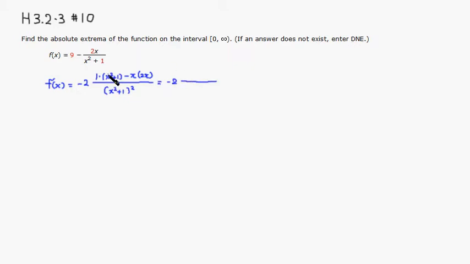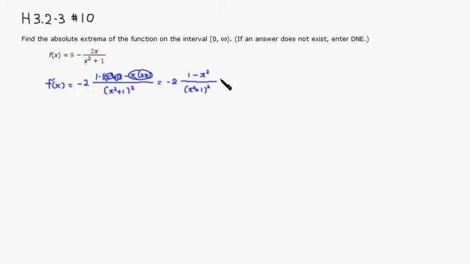You have an x squared minus 2x squared, so those combine to be negative x squared. And there's 1 here, so we put 1 here. Then you have x squared plus 1 squared.